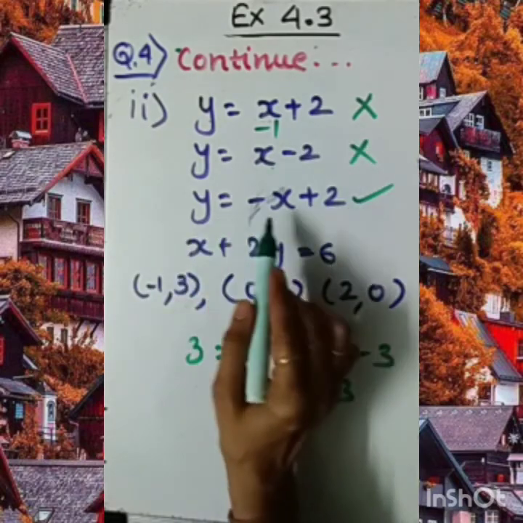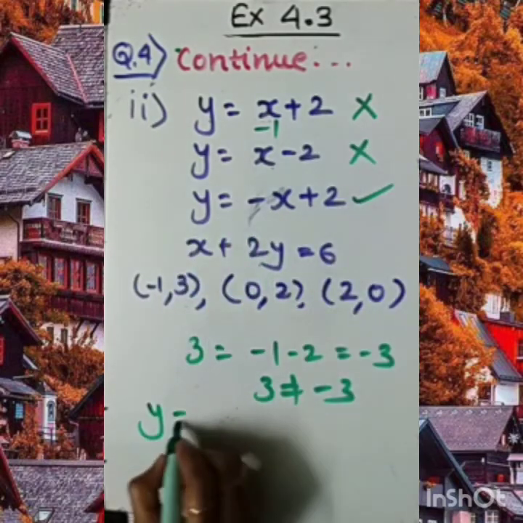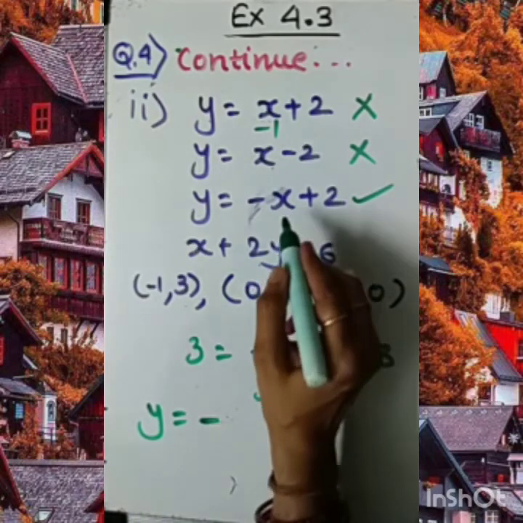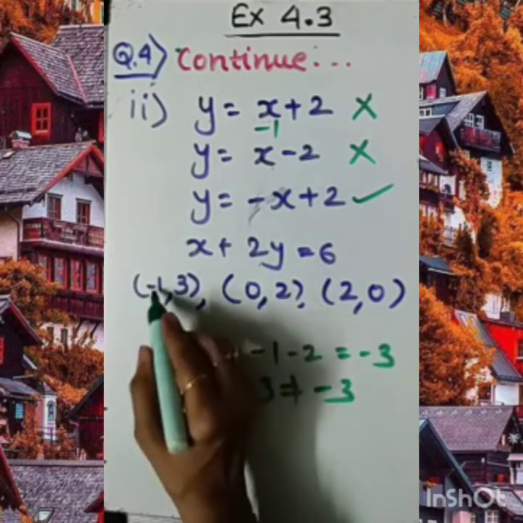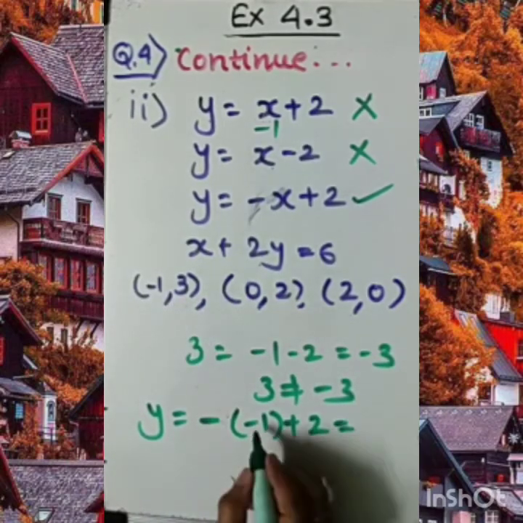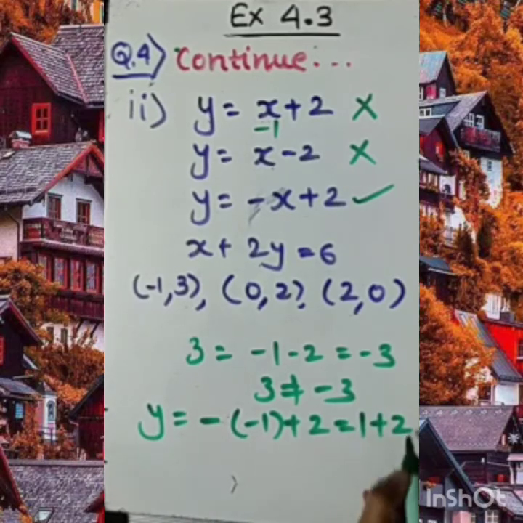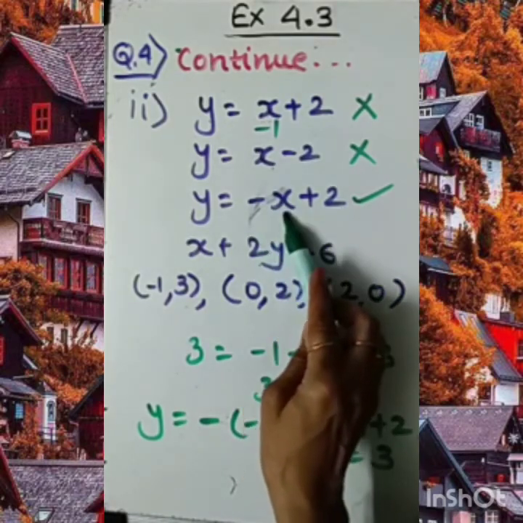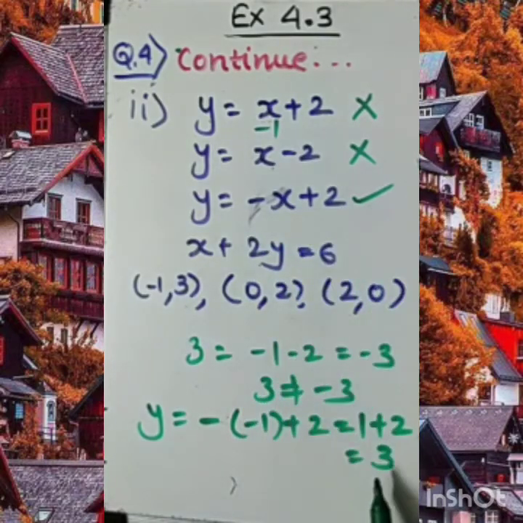So now I am going to substitute its value here. Minus is already there. What is x here? Suppose I am choosing minus 1. Then minus 1 plus 2. Minus, minus 1 plus 2, that is coming 3. Once again I am explaining. In place of this minus 1, minus minus 1 plus 2, that is plus 1, 1 plus 2, 3.